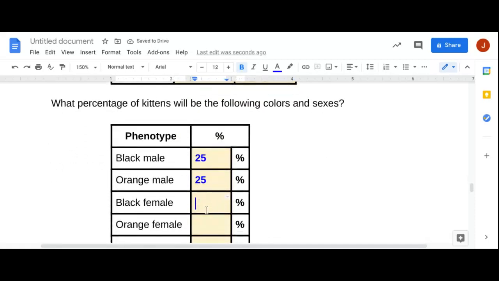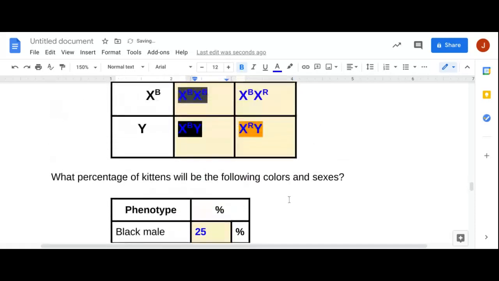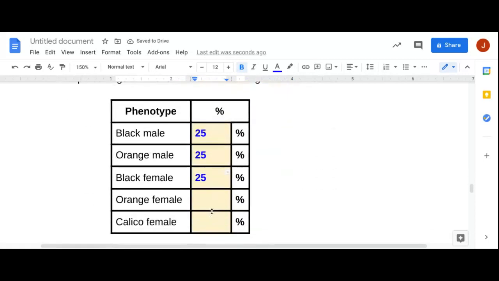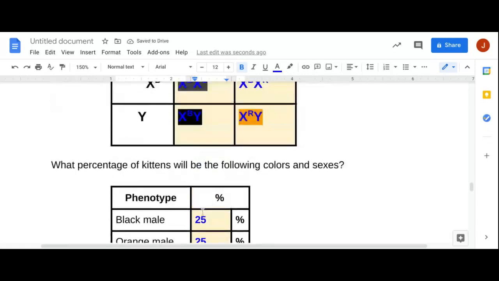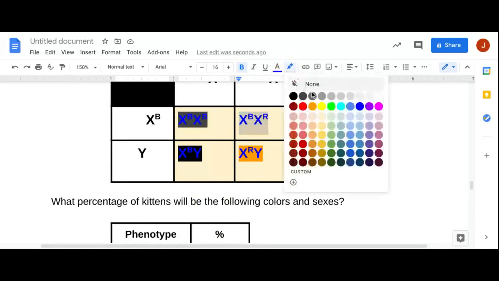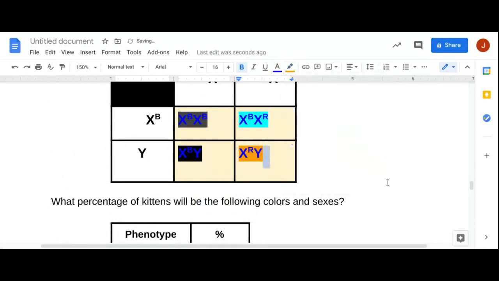So again, that would be 25%. Orange female, there's none, so that would be 0. And not looking, it would just be 25 because I know it would equal 100. But here is my calico female right here, so that would be 1 out of 4. So all of those kittens have different colors.